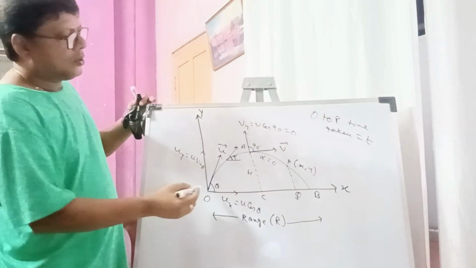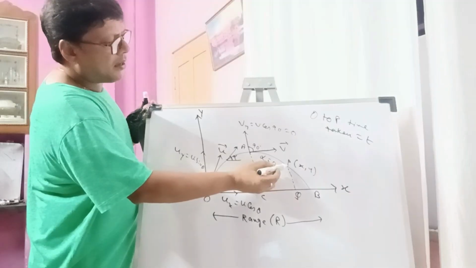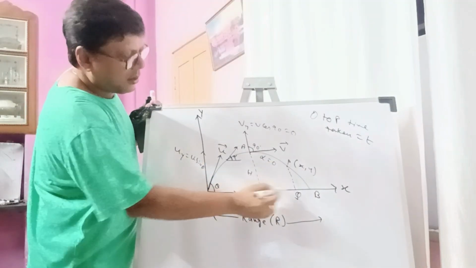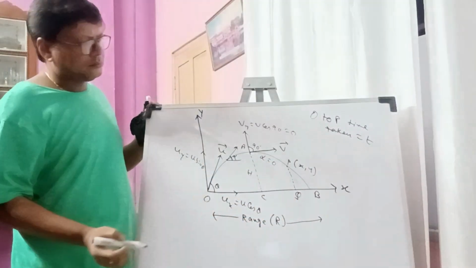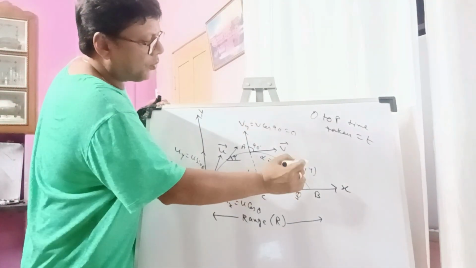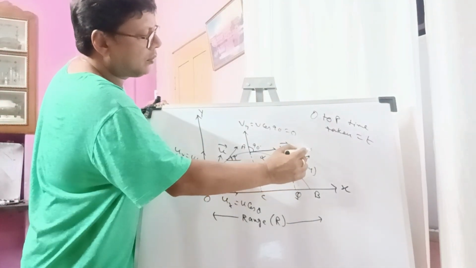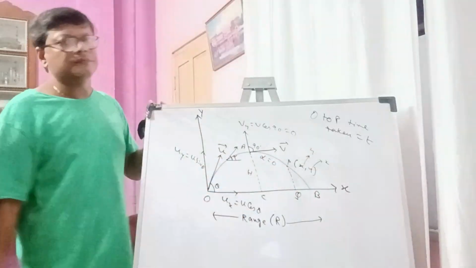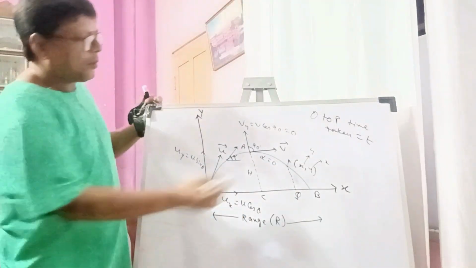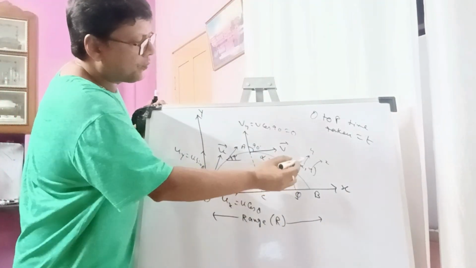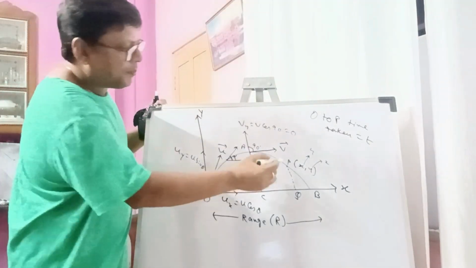So when we reach the point P, what will be the value of this OQ? Suppose x equals 4, y equals 2. Then obviously in the graph OQ equals 4 and PQ equals 2.